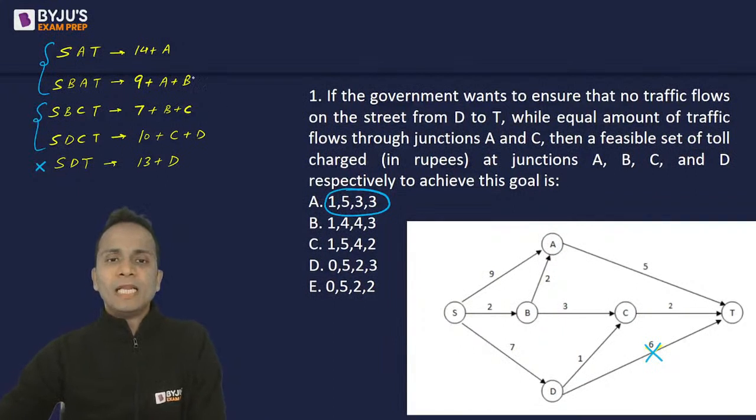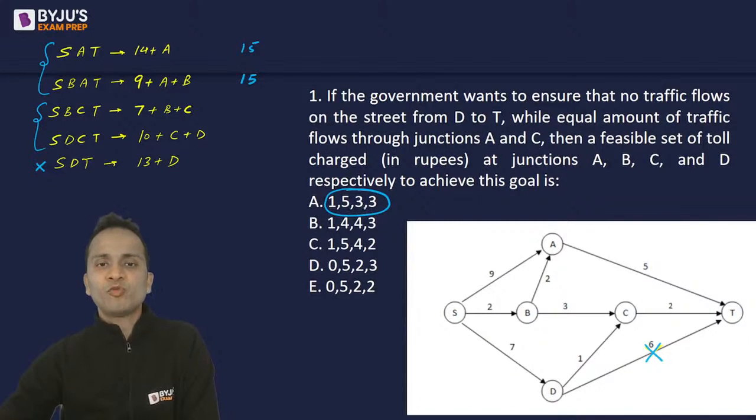Okay. Now option A is 1533. I'll substitute. So if A is 1, the cost will be 15. Then 9 plus A plus B will be 15 again. 7 plus B plus C, 7 and 5, 12 and 3, 15. Nice. 10 plus C plus D is 16. Okay.